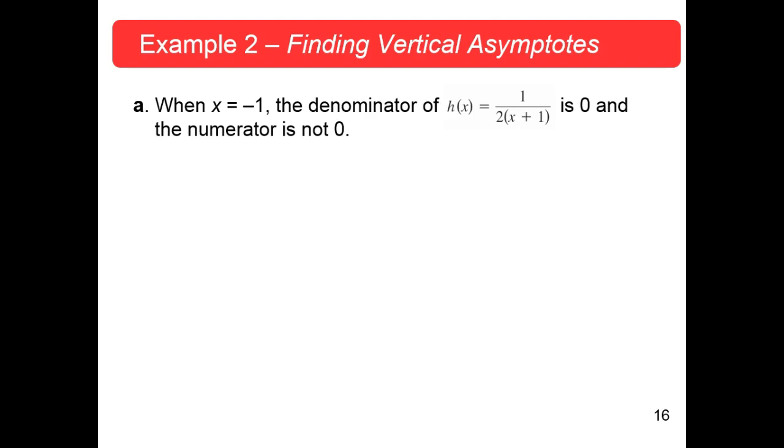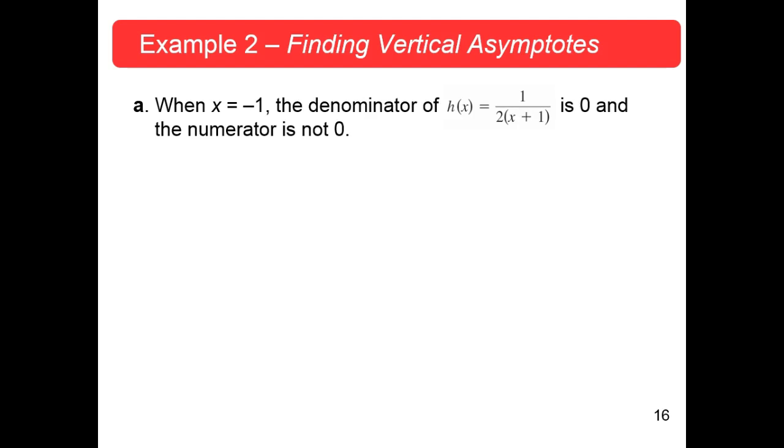Okay? So, here is your example. Here's your function, h of x is equal to 1 over 2 times x plus 1. Is that numerator ever 0? Never. It's 1. It can't be 0. Is the denominator ever 0? Yes.